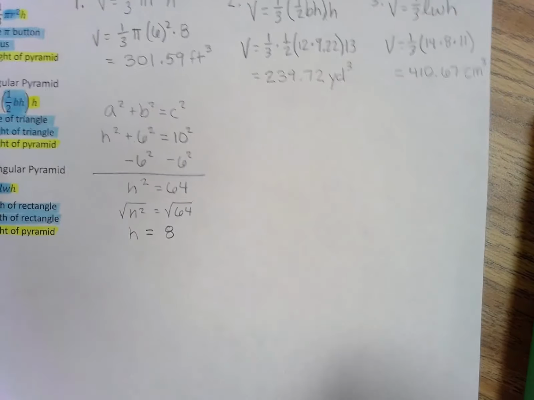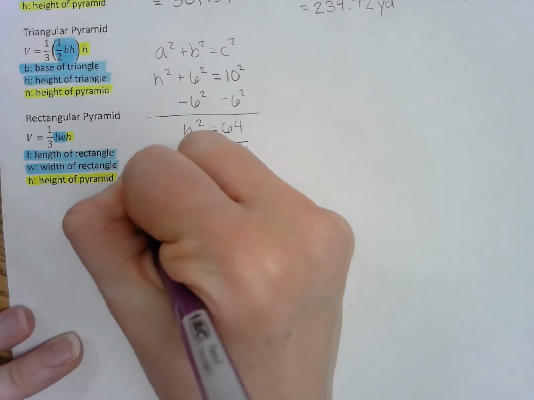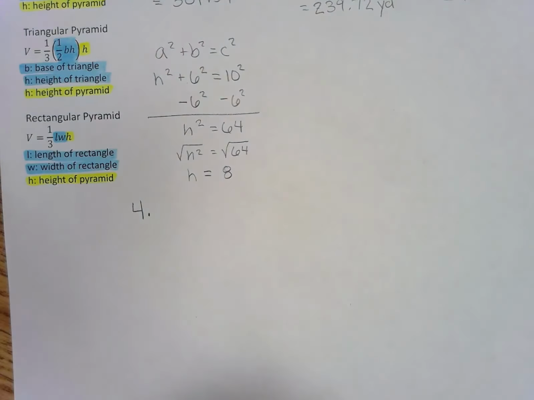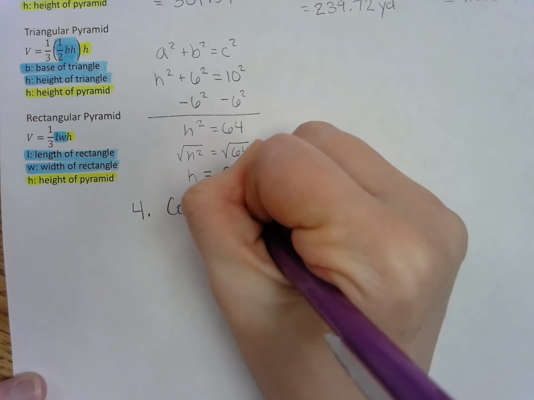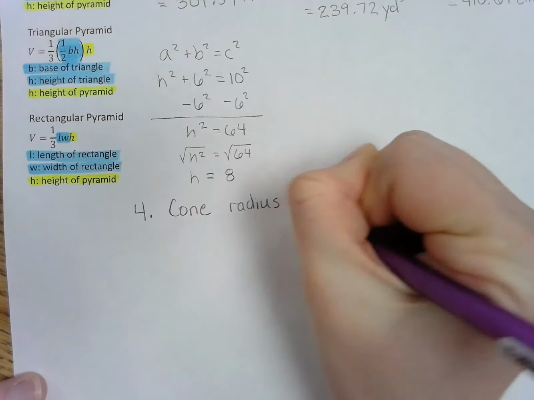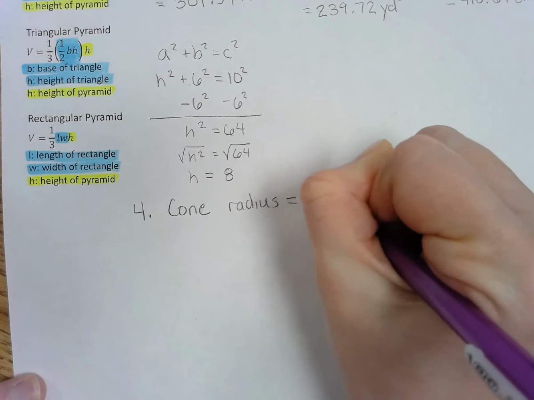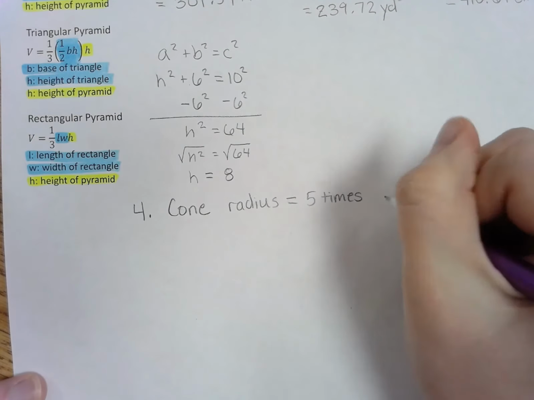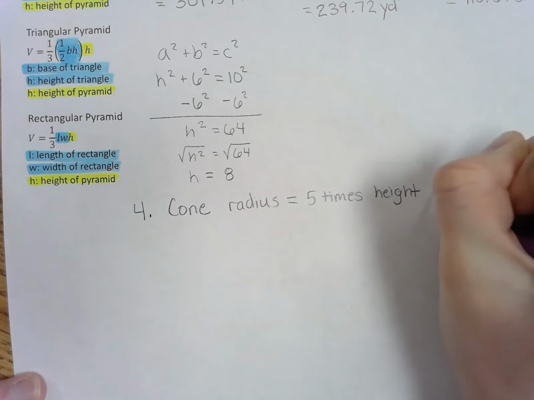So now let's look at an application type question. Example number 4. We are going to have a cone, so we're talking about a cone, that has a radius that's going to be equal to 5 times the height of the cone.